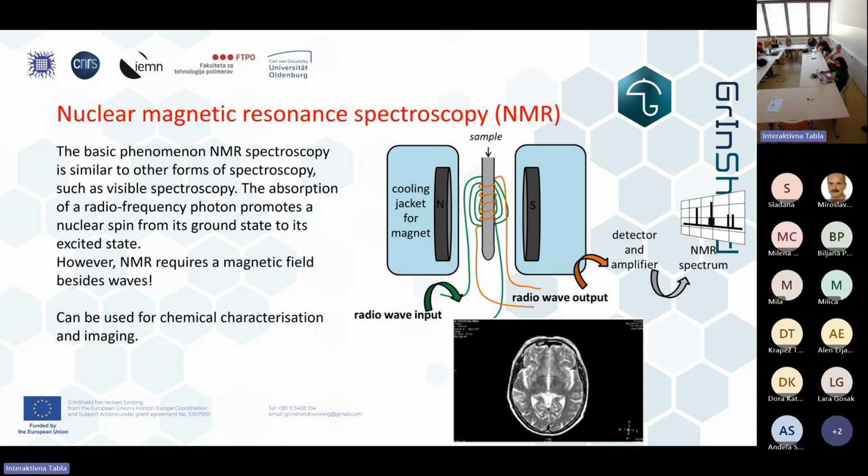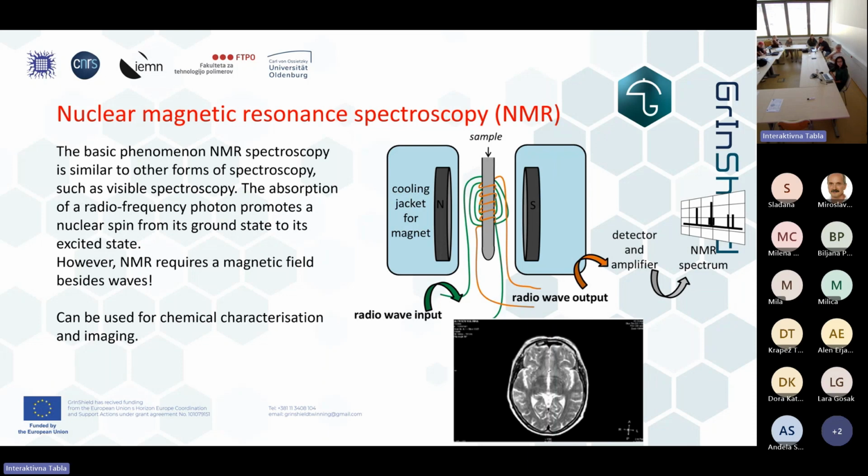And now we go to another spectroscopic method, NMR. This is, I can say, my favorite. Actually, the basics of NMR are similar to spectroscopy. We have some absorption, here of radio frequency of different wavelength, and we get a signal.